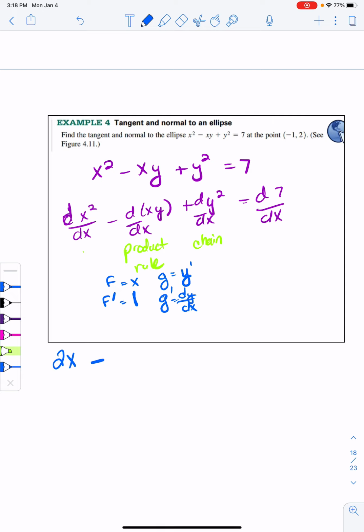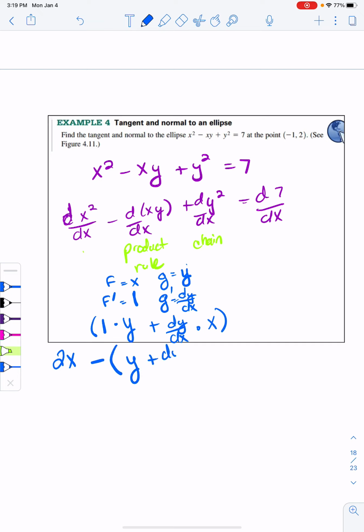We're going to go the derivative of the first times the second. I'm sorry, that looks like a prime. I'm going to make that go away. Times y, plus the derivative of the second times the first.